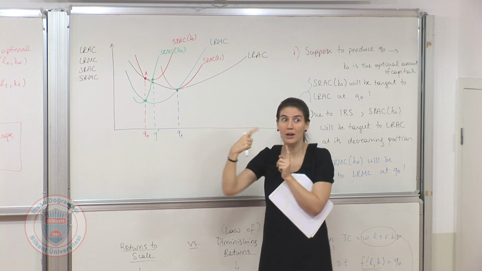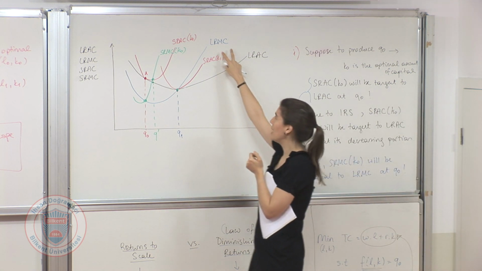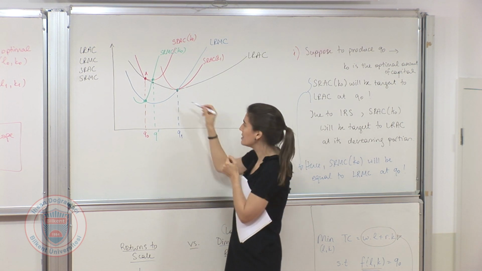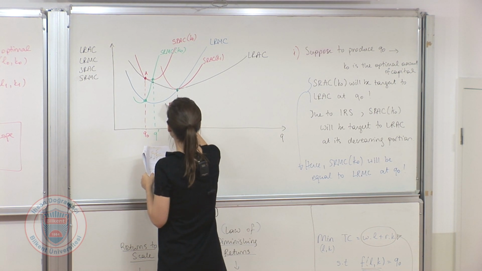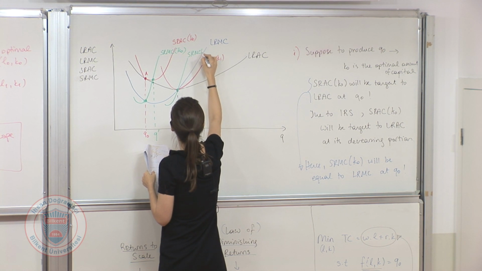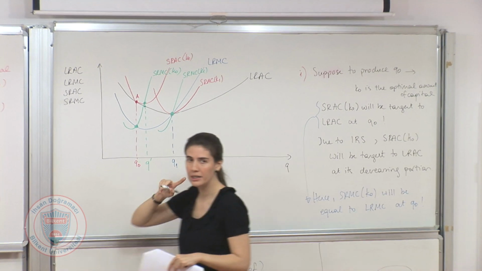And it also has to cut the long-run marginal cost curve exactly at the Q1 level. So let's draw it something like this: short-run marginal cost for K1, okay?